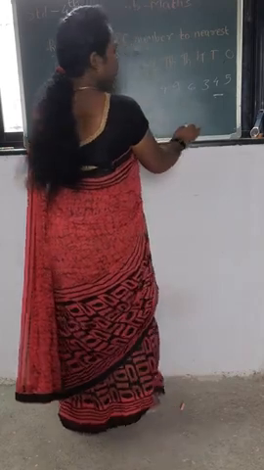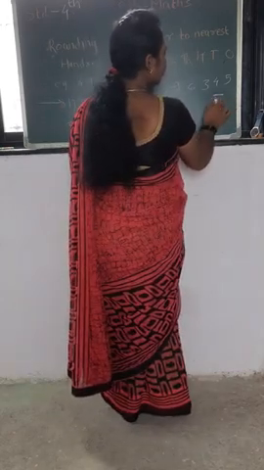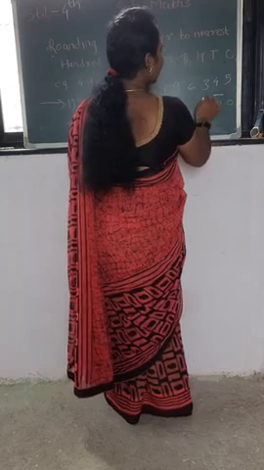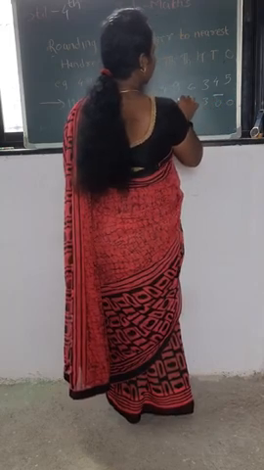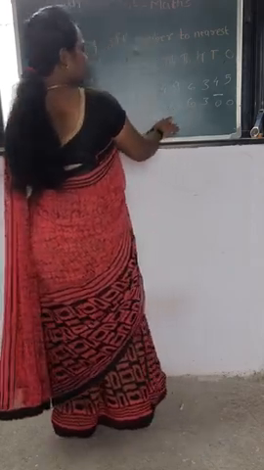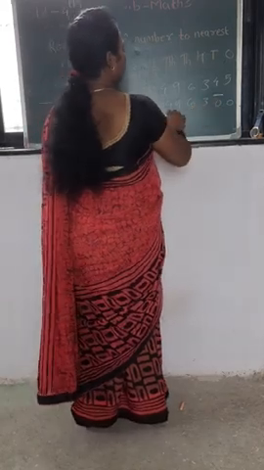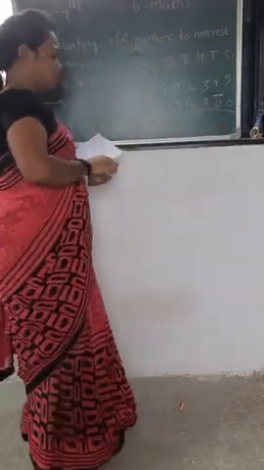Then the number rounded off to the nearest hundred is 4,96,300.